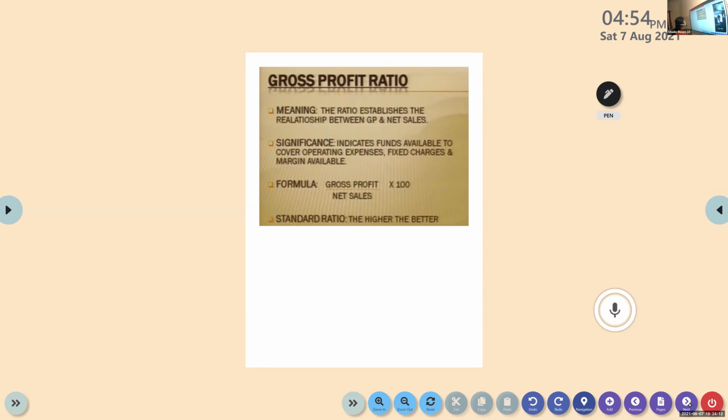The formula is gross profit divided by net sales into 100.